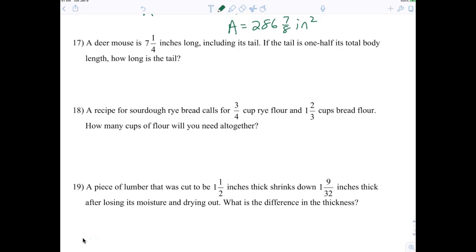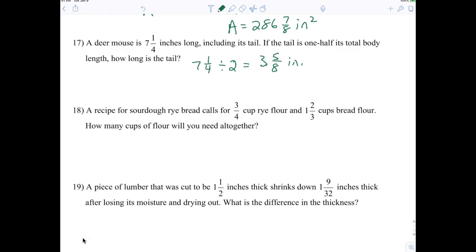So 7 1/4 divided by 2. And go ahead. I'm waiting for the answer. 3 and 5/8. 3 5/8 what? That would be an incorrect answer. Inches. 3 5/8 inches. All right.